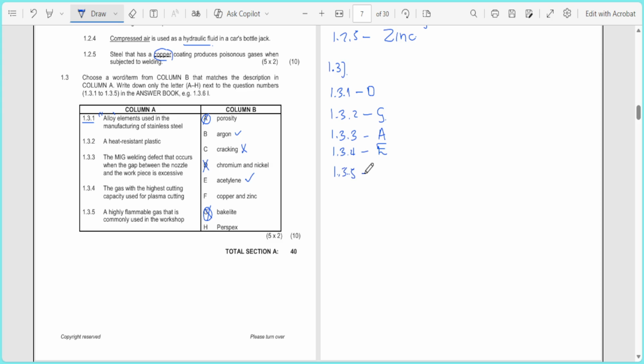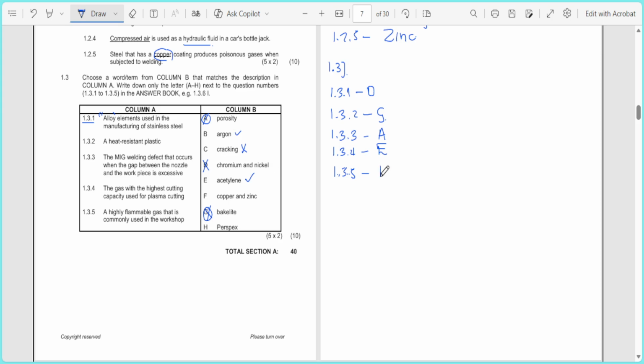1.3.5, last question. A highly flammable gas that is commonly used in the workshop. Argon is an option, but it's a gas. And then acetylene is also an option.